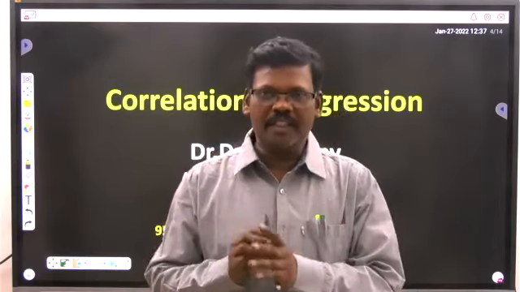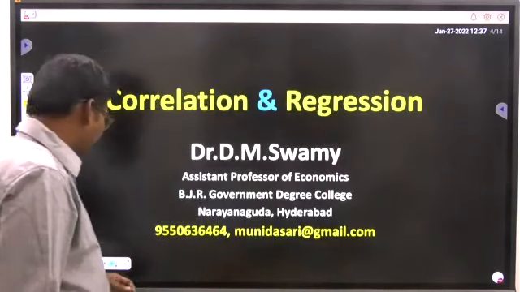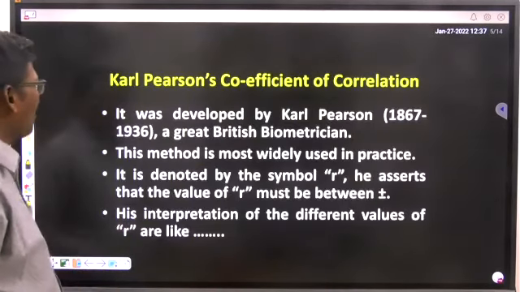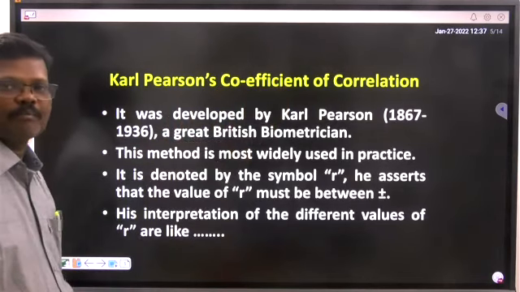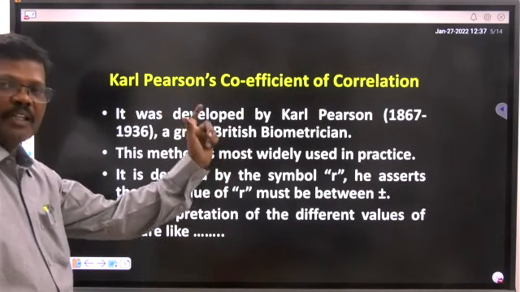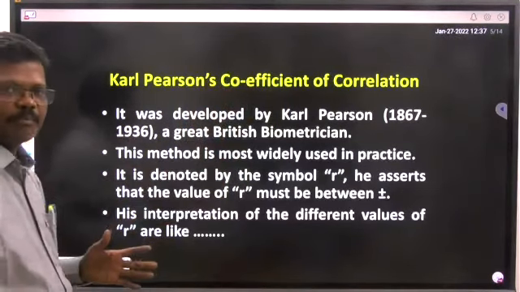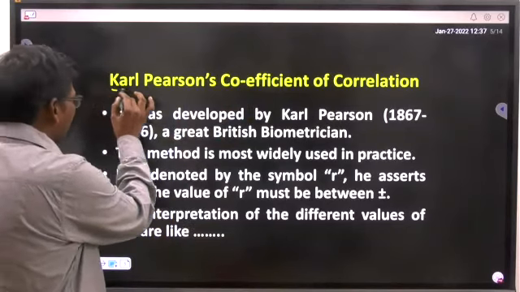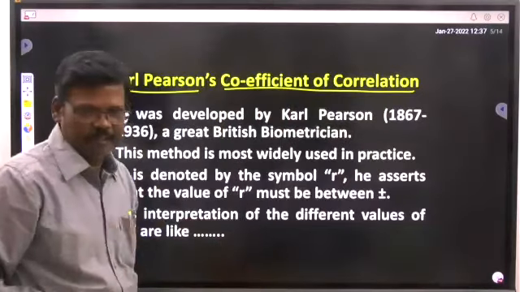Among these, in today's class we are going to discuss the Karl Pearson coefficient of correlation. This is one of the mathematical methods used to estimate the correlation.